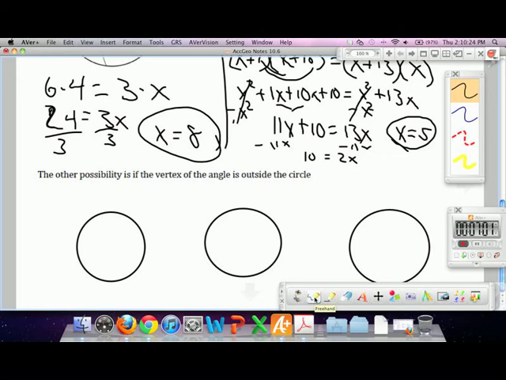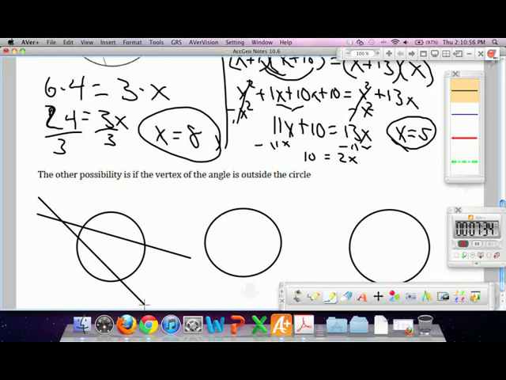You could have, say, two secants. There's an example of two secants that intersect outside of the circle. Notice they intersect the circle twice, and I can compare some parts, say, the relative size of the parts of these triangles.